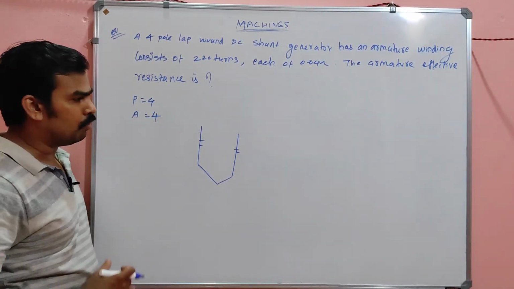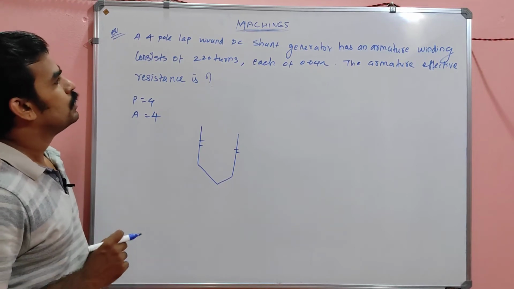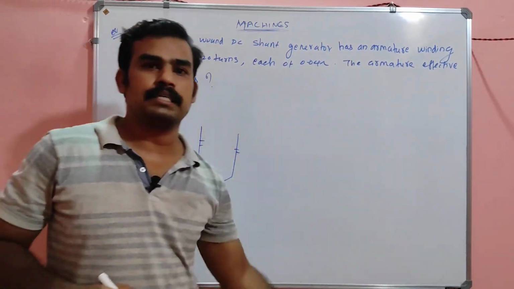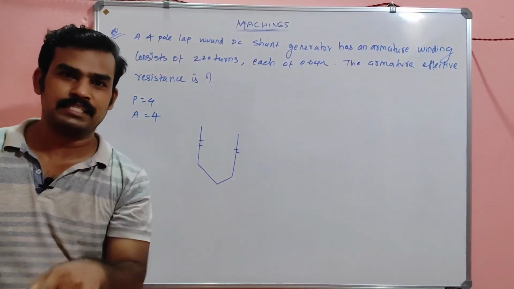All 220 turns are connected in series, of course, we know that. The starting end of one coil is connected to the finishing end of the other coil, so it is connected in series.